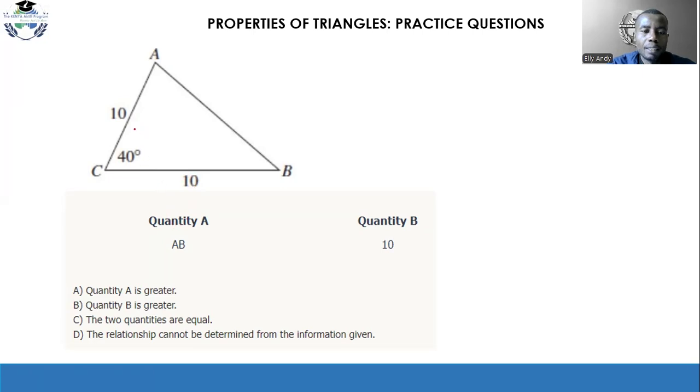We have a triangle here, 10, 10, meaning this and this are equal. So we can apply two properties here to figure out the relationship between quantity A and quantity B. For example, we say that the sum of all interior angles of a triangle is 180. So if we have here X and Y, then 40 plus X plus Y will give you 180 degrees.